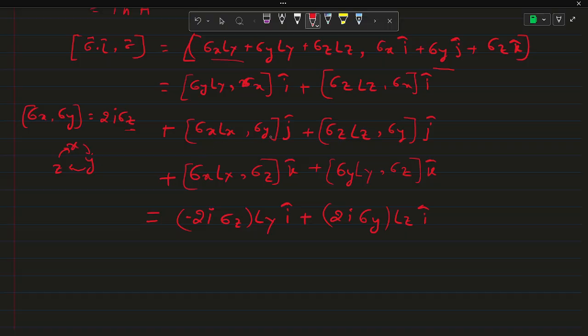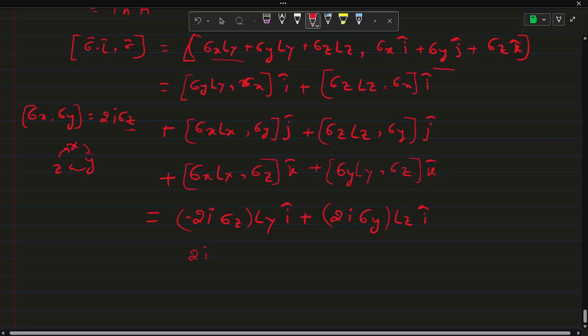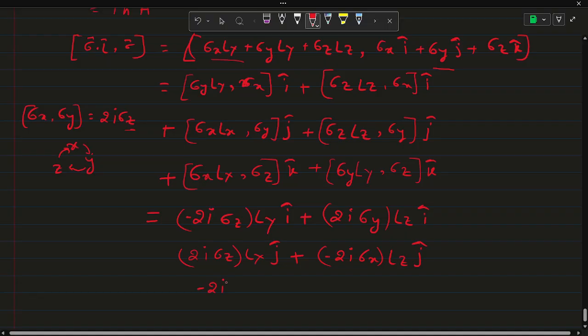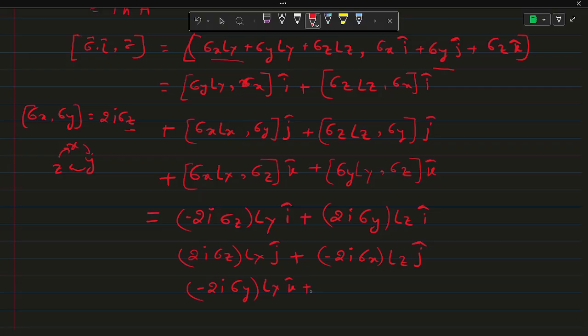So here sigma x sigma y will give twice i sigma z Lx j cap plus sigma z sigma y will give minus twice i sigma x Lz j cap, and sigma x sigma z will give minus twice i sigma y Lx k cap plus sigma y sigma z will give twice i sigma x Ly k cap.